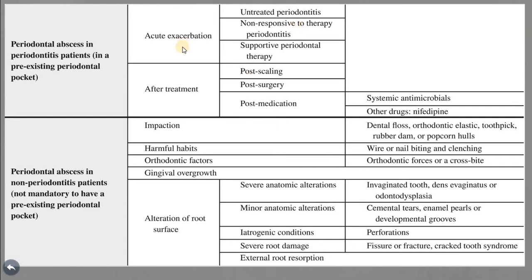In periodontitis cases, for example, we may have an acute exacerbation of a chronic process, which is a pocket of untreated periodontitis, or when the patient is non-responsive to periodontitis therapy because of the type of bacteria or insufficiency of the treatment, or when the supportive periodontal therapy cannot heal the acute exacerbation that happened in the presence of the pocket.